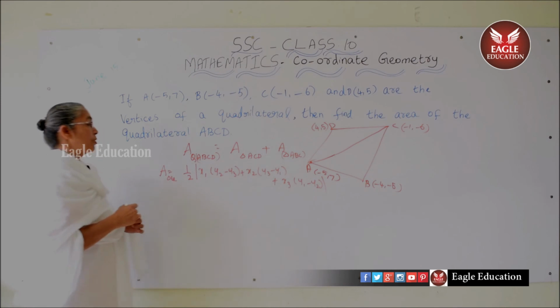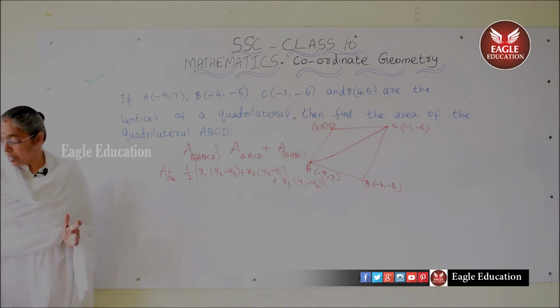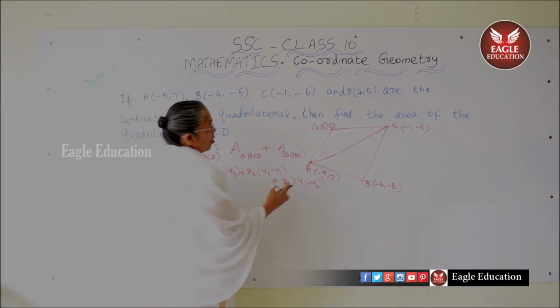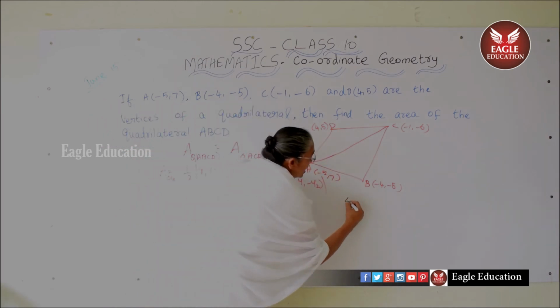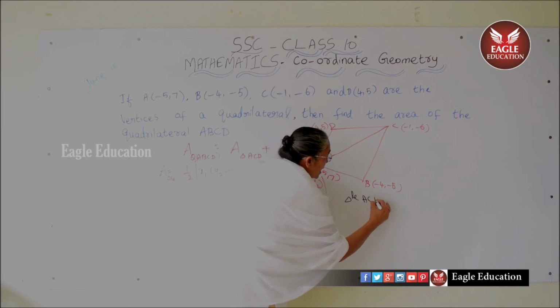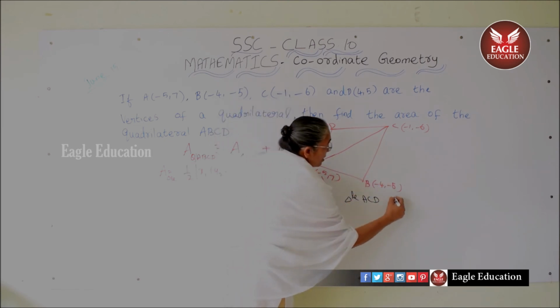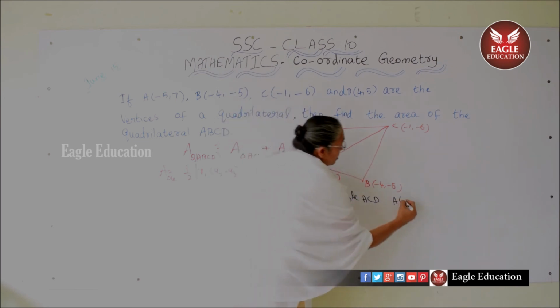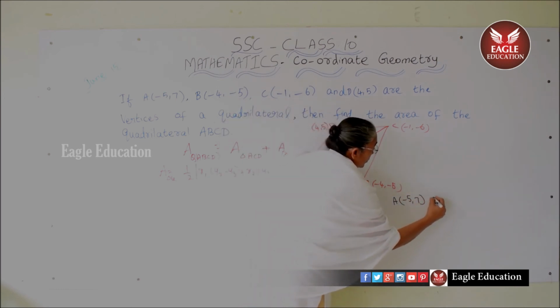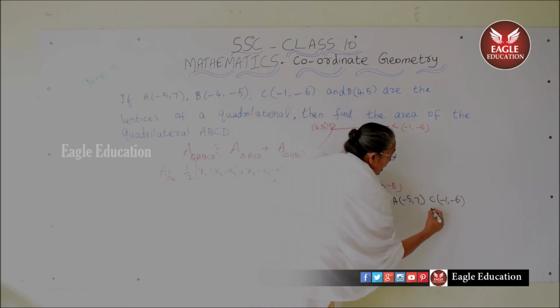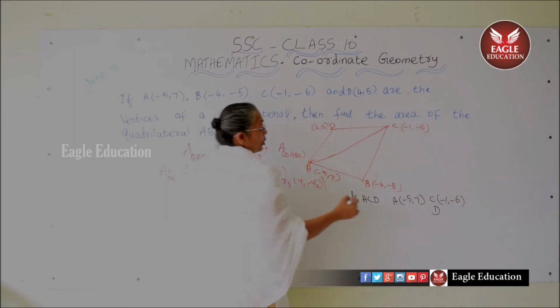Using this formula, let us find the area of these two triangles. First we find the area of triangle ACD. Considering triangle ACD, my A vertex is (minus 5, 7), C vertex (minus 1, minus 6) and D vertex (4, 5).